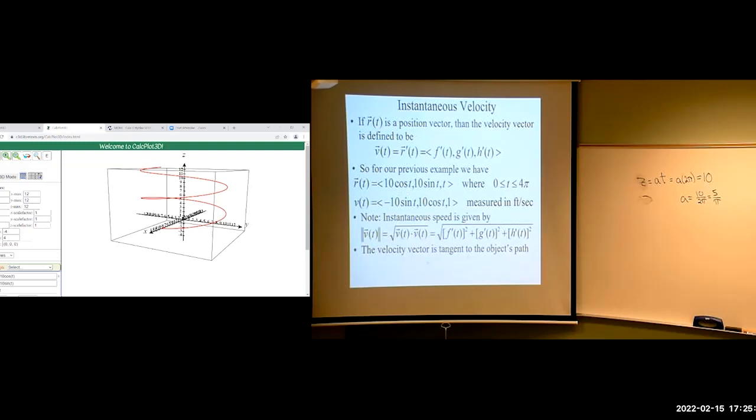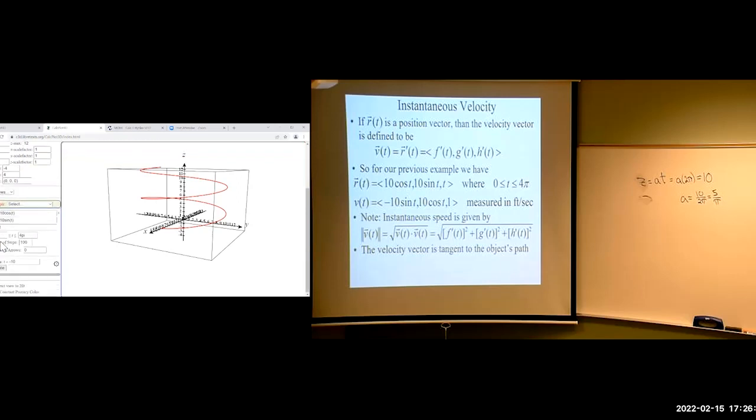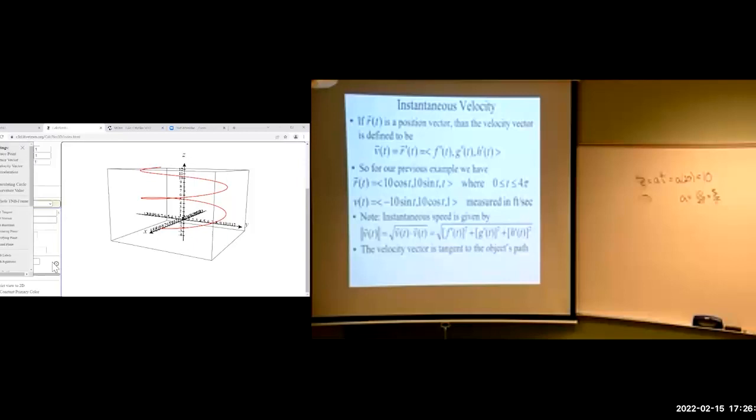And the velocity vector is going to be tangent to the object's path. We'll put those on in a second, I think. Let's put on our velocity vector. All right, so here's our plot.